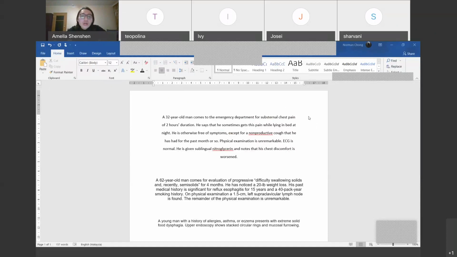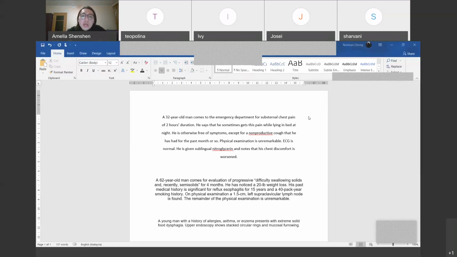A 32-year-old man comes to the emergency department for substernal pain of 2 hours duration. He says that he sometimes gets this pain while lying in bed at night. He is otherwise free of symptoms, except for a non-productive cough that he has had for the past month or so.